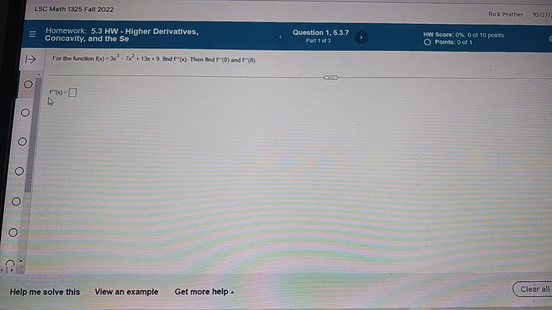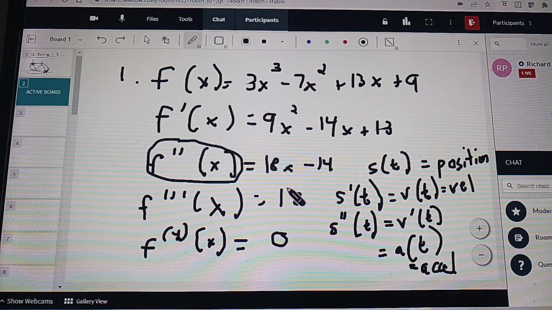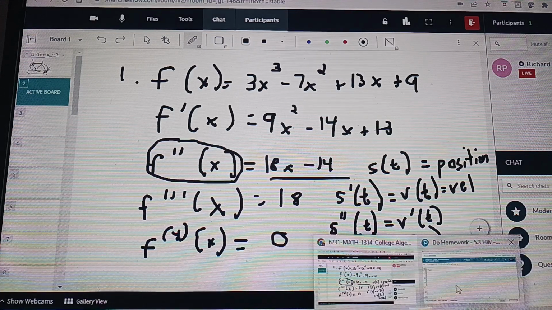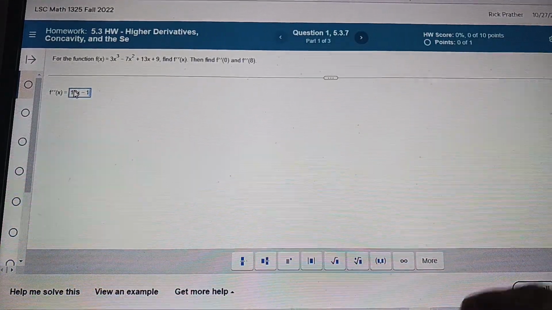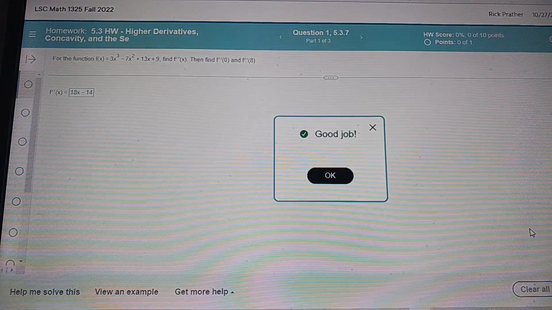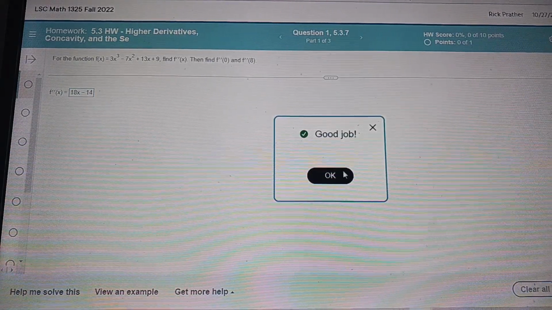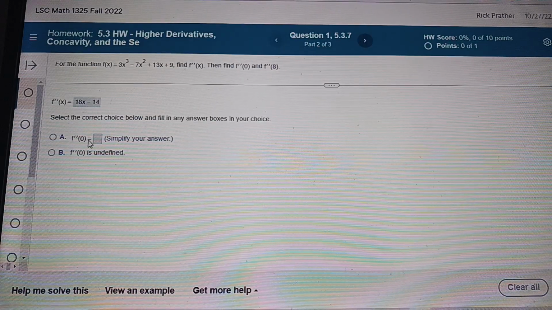This problem wanted the second derivative, f double prime of x, that's red, f double prime of x, it's 18x minus 14. Once you get the second derivative, then you can plug in numbers for it. So now I can do f double prime of 0.